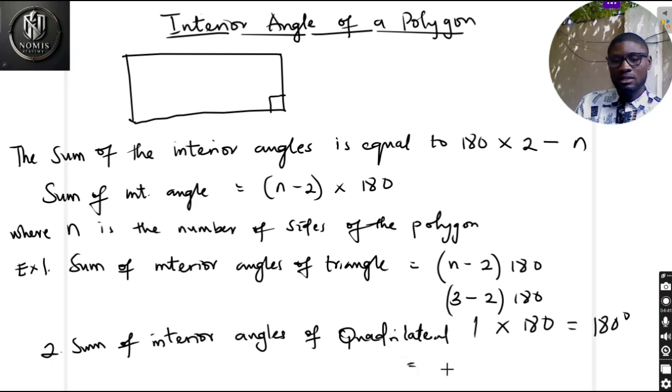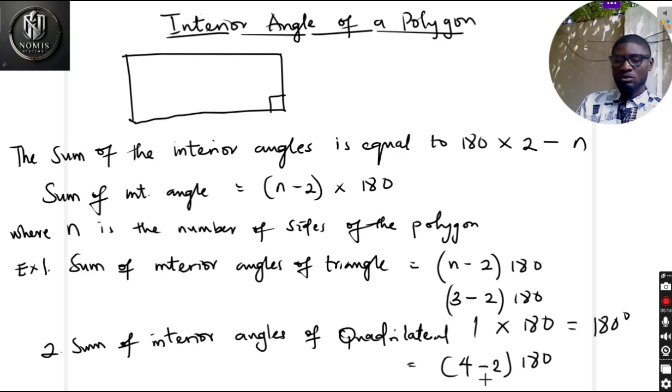So no matter the case, that is 4 minus 2, be it kite, be it square, be it rectangle, parallelogram, they are all quadrilaterals. So for those quadrilaterals, it is always 4 minus 2 multiplied by 180.